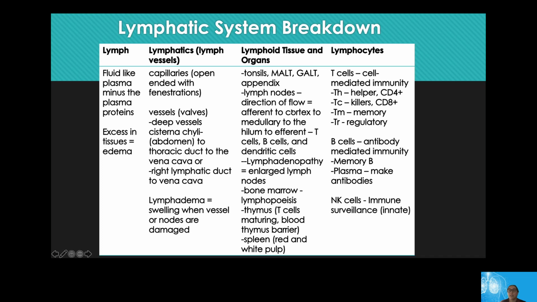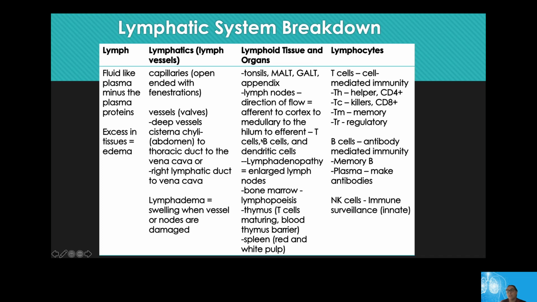Now, lymph nodes receive the flow from lymphatic vessels on the afferent side, which drains into the cortex, where you can encounter B cells and dendritic cells. As you move past the cortex into the medullary portion, that's where some T cells can be found. Together, all of these cells act like a filter.